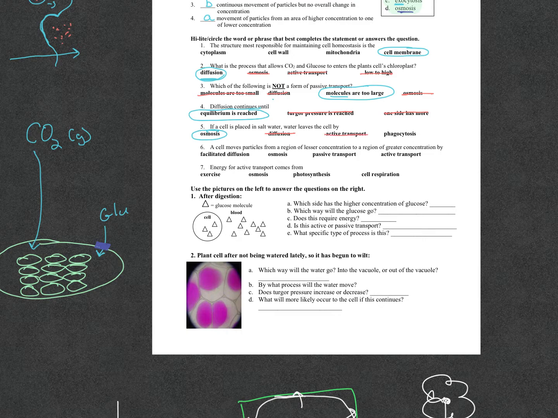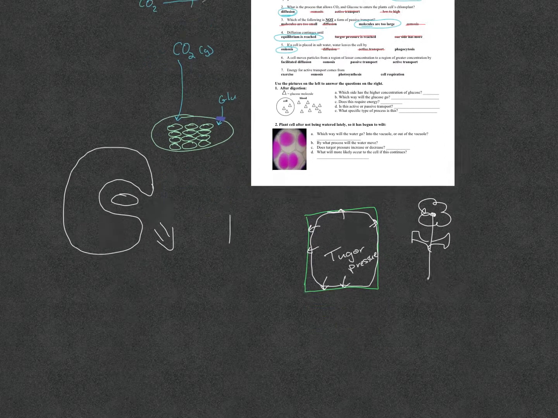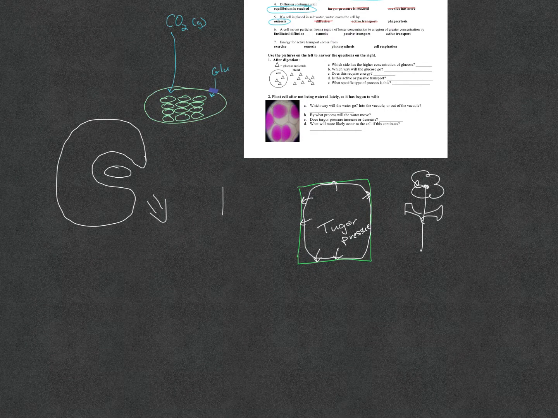And phagocytosis is how you move very large particles, like whole single-celled organisms even, from the outside. Remember, phagocytosis is when the cell literally surrounds it and pinches off and creates a vesicle inside the cell.